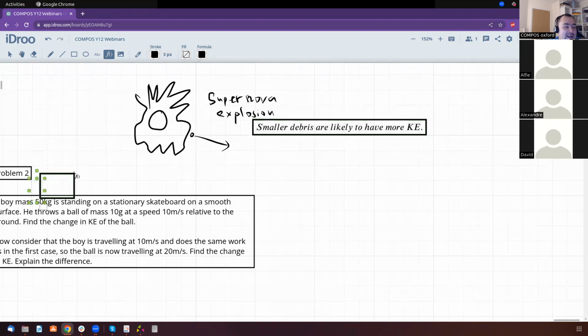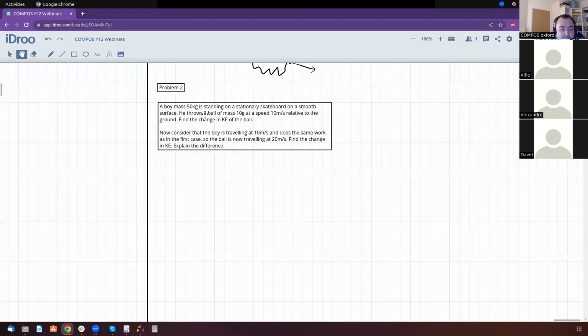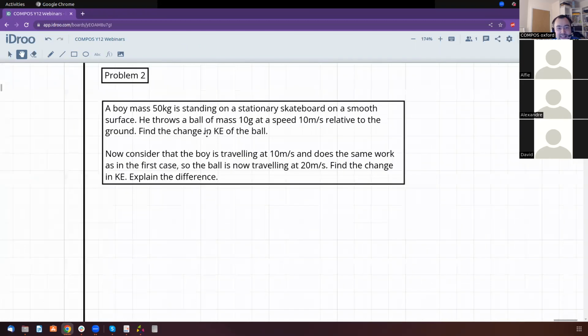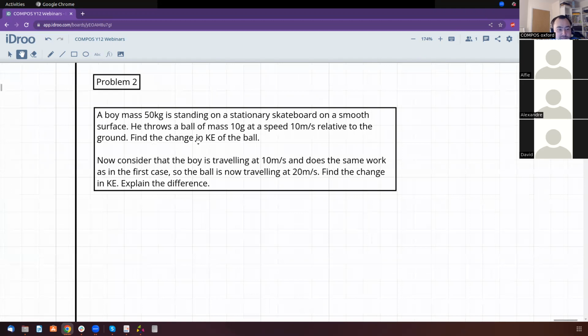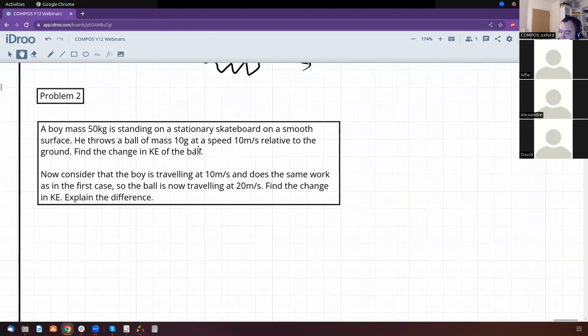Okay. Problem 2. A boy of mass 50 kilograms is standing on a stationary skateboard on a smooth surface. He throws a ball of mass 10 grams at a speed of 10 meters per second relative to the ground. Find the change in kinetic energy of the ball. Okay, so that's easy.